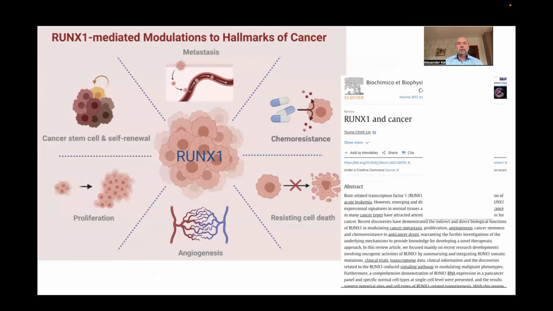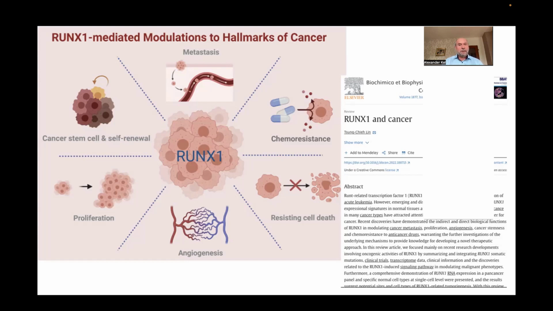I would like to do it on the example of one important transcription factor, called RUNX1. There is a controversy about that factor, because it was discovered many years ago as a main transcription factor involved in lymphomas, in different leukemias, I must say. Even another synonym of that factor, AML, stands for leukemia. But in recent times, people found out that this factor plays a big role in other types of cancers.